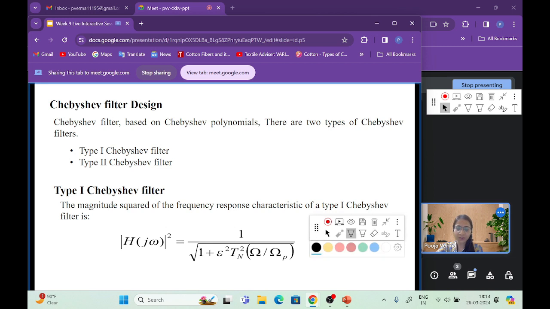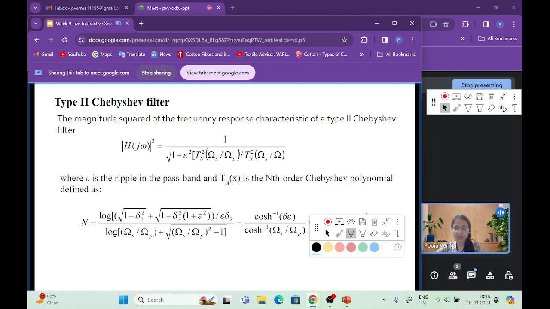The magnitude square of the frequency response of a type 1 Chebyshev filter is defined as the magnitude of H of j omega squared equals 1 by 1 plus epsilon squared Tn squared of omega divided by omega p. This is the representation of the Chebyshev type 1 filter.